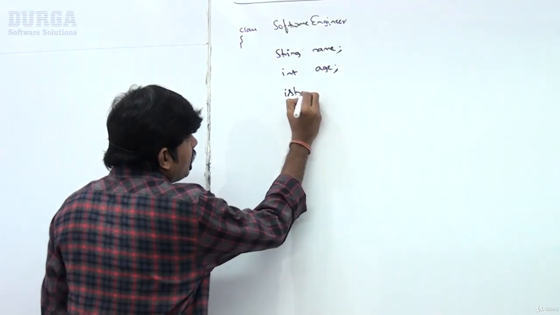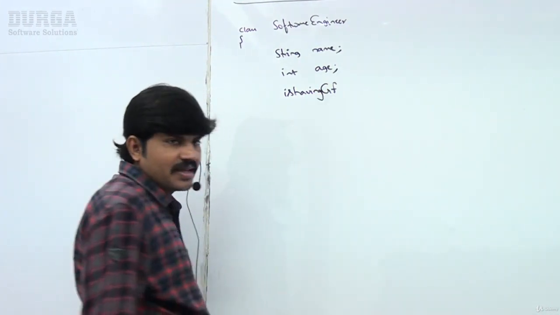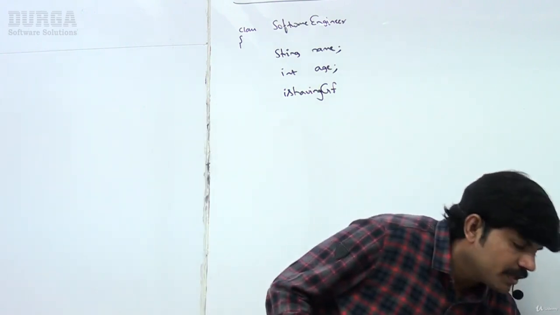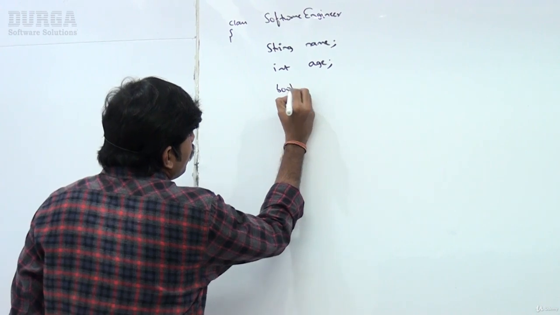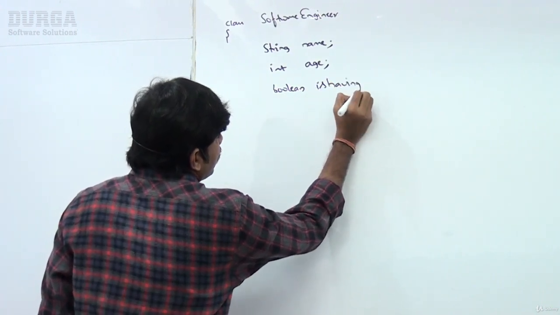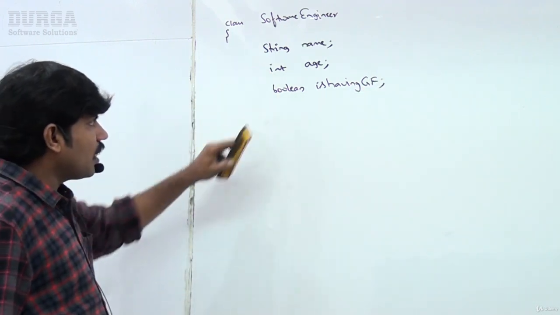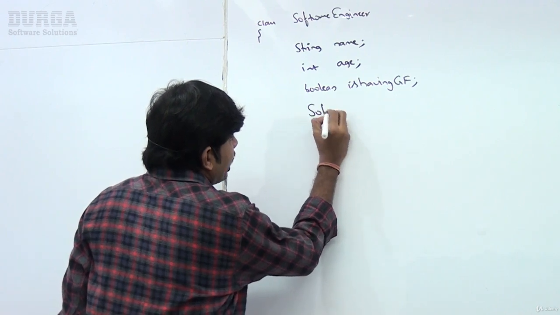Third one, sir, is having girlfriend or not. Are you getting? Is having girlfriend or not. Sir, this argument is what data type? Boolean type. Remember, Boolean: is having girlfriend or not. Like total how many properties are there?